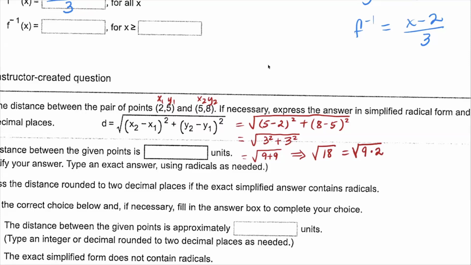So that 9 times 2 goes under the radical, and then you take the square root of 9, you take the 9 out of the radical and put it in front, but it comes out not as a 9, but as a 3, because that's the square root of 9. But it's 3 times the square root of 2. Square root of 2 is not an integer, so you can't take it out.